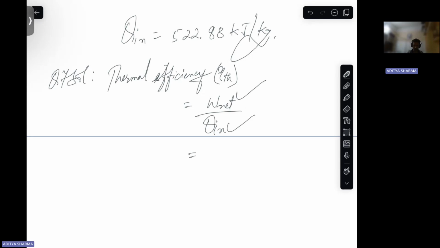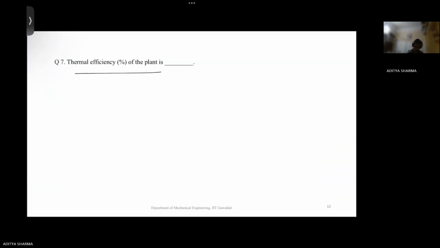W net we have, Q in we have. So this will come out to be around 13.6%. This was your question number 7.